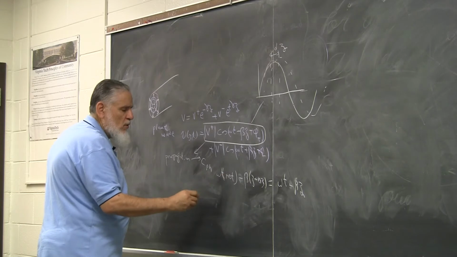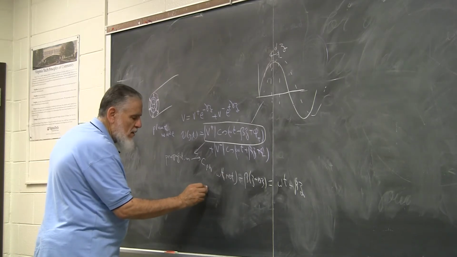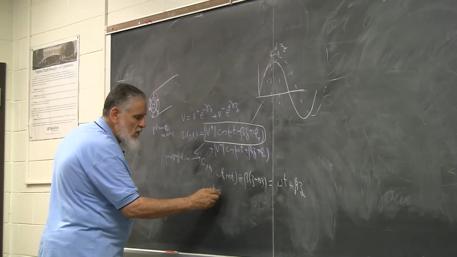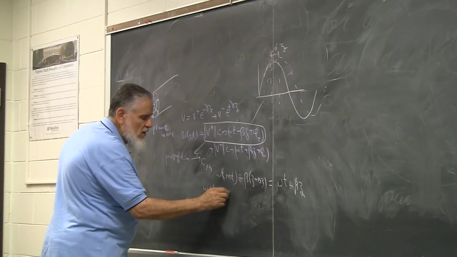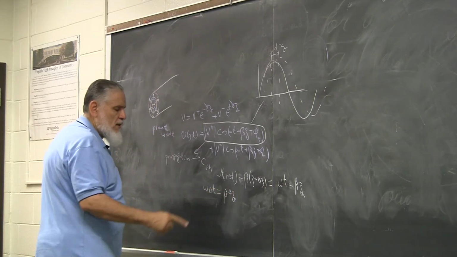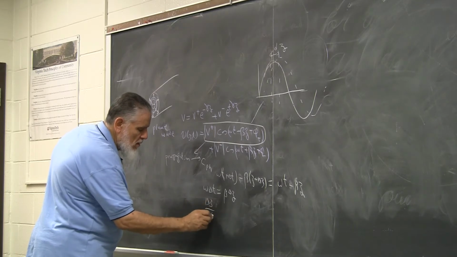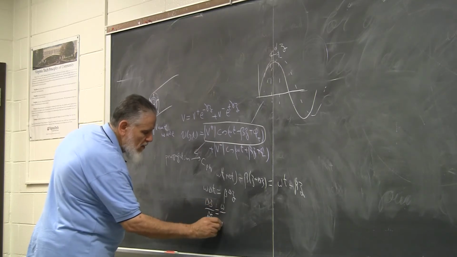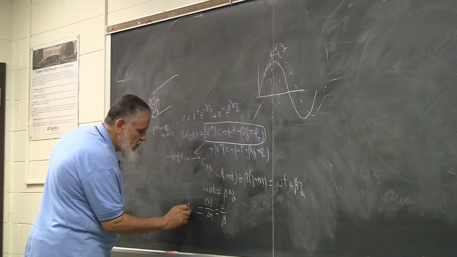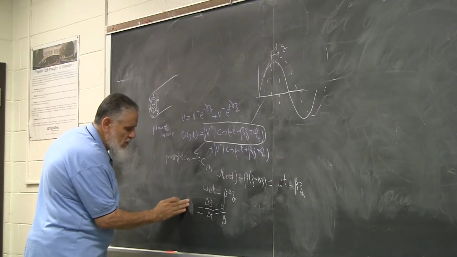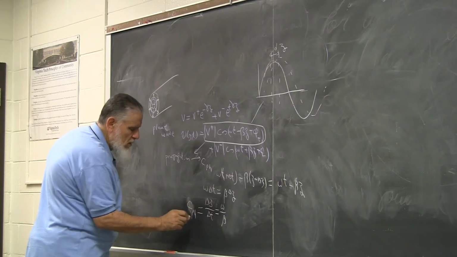From that, we conclude that omega delta t is equal to beta delta z, and delta z over delta t is omega over beta, which is the phase velocity. We call it C phase. Right?